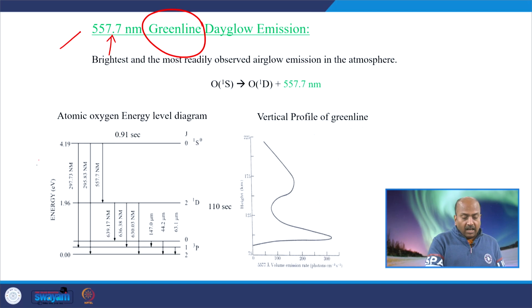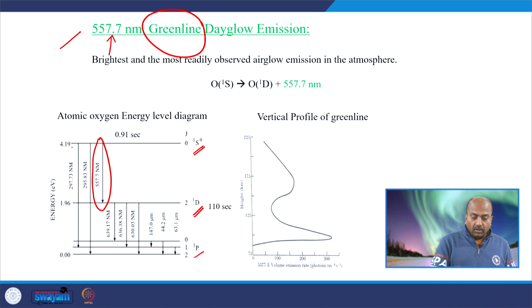Now, if you look at the energy level diagram of the ground state of oxygen, you will see that the ground state is triplet P 0, 1, 2, and immediately above we have singlet D and singlet S. So this particular spectral transition depends on a lot of things, on the population of this excited state, how much it gets populated, and subsequently when its lifetime is exceeded, a spontaneous emission will happen, which results in the emission of this wavelength.